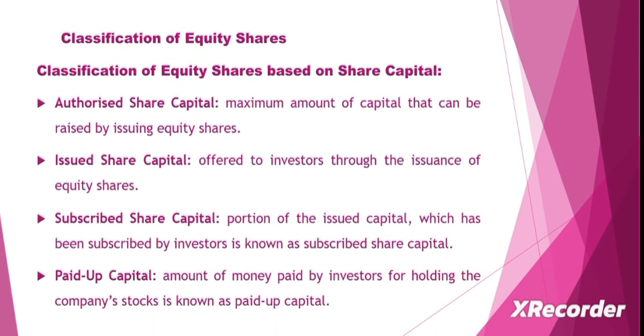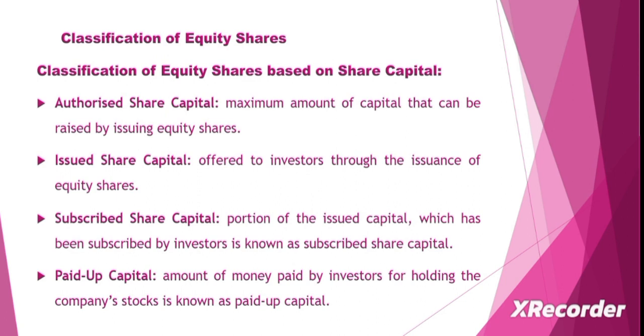Then we discuss what are the types of equity shares, or the classification of equity shares. We have classified the equity shares under three categories. The first one is classification of equity shares based on share capital. Under this classification, we have classified the share capital into four categories. The first one is authorized share capital.